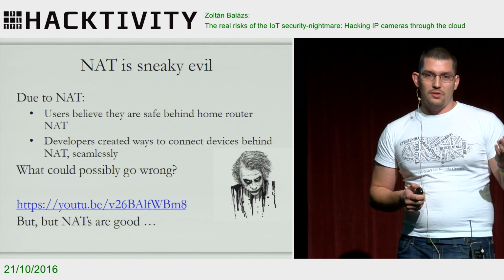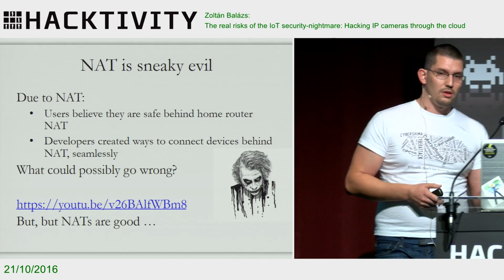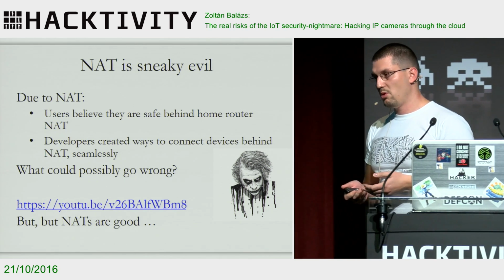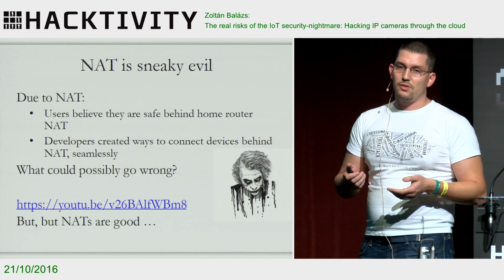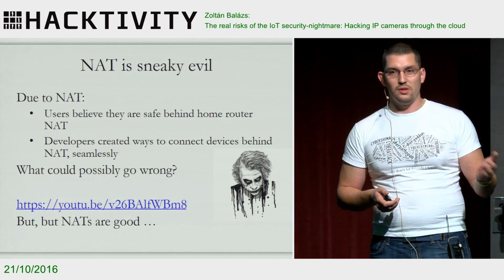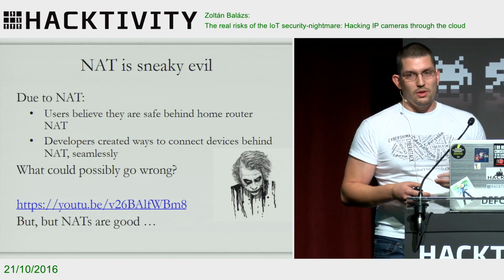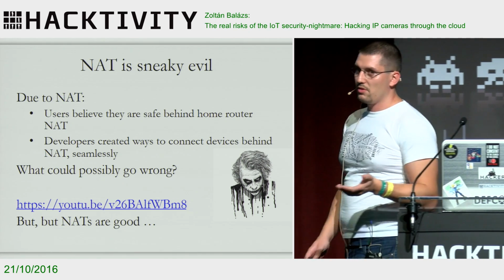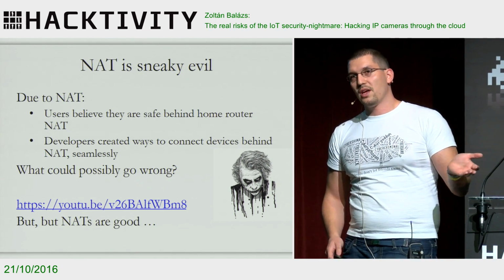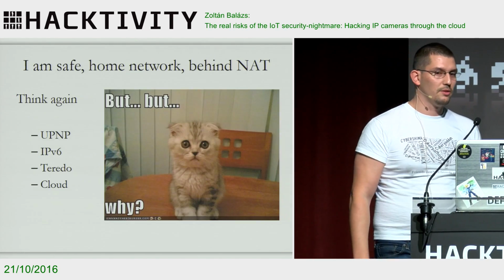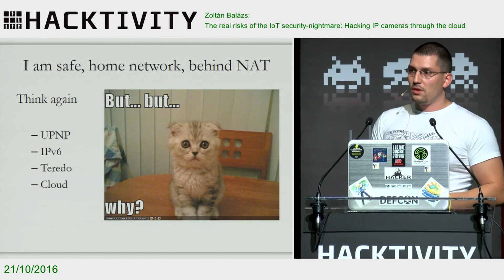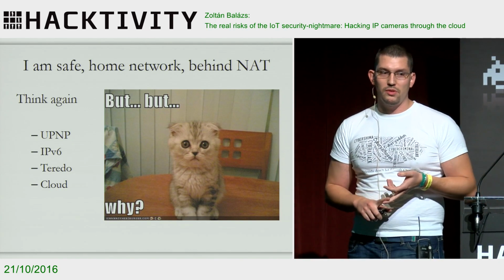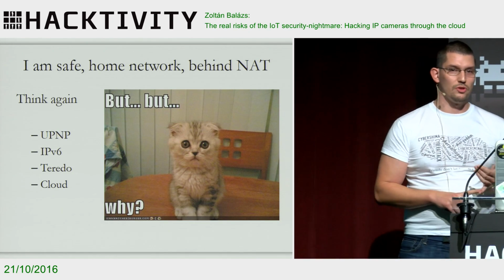Users believe that they are safe because they are behind their home router, but meanwhile, developers have created many, many different ways so people can still connect to these devices, even if they are behind NAT. So what could possibly go wrong? There is a false sense of security on one side and the reality on the other side. In this NAT topic, I will mention the case of UPnP, IPv6, Teredo, and the cloud connections.